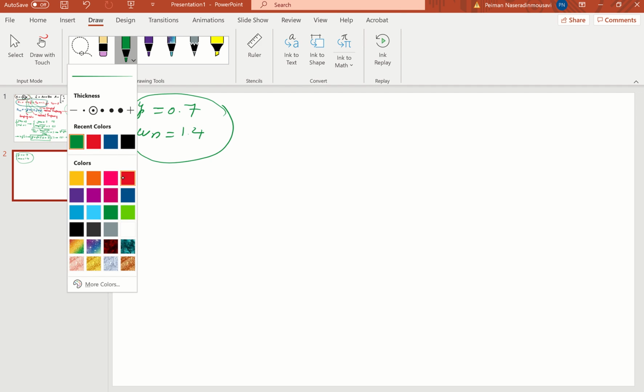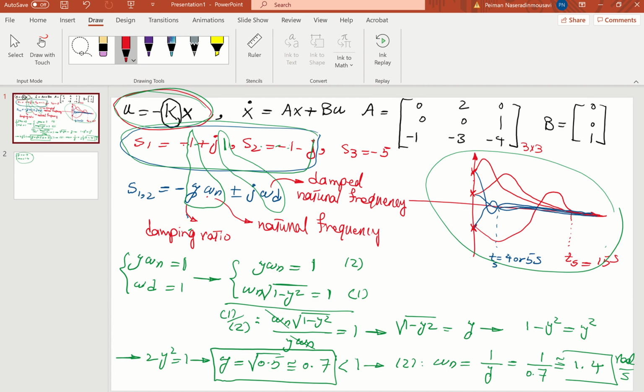In undergraduate control, as I showed here and you saw in MATLAB in the previous class, the settling time was 4 or 5 seconds. This was for without controller, the red lines.